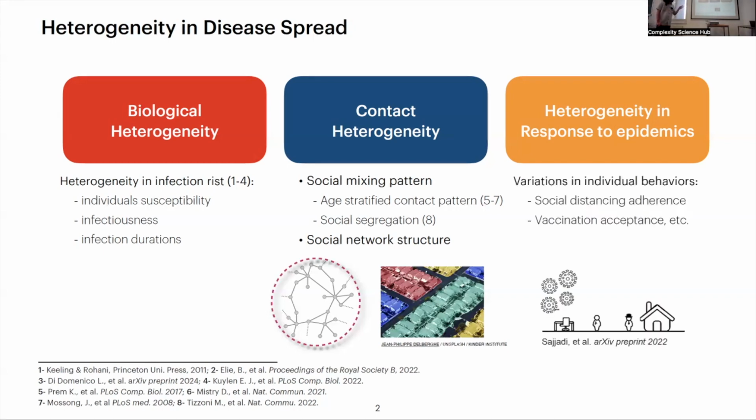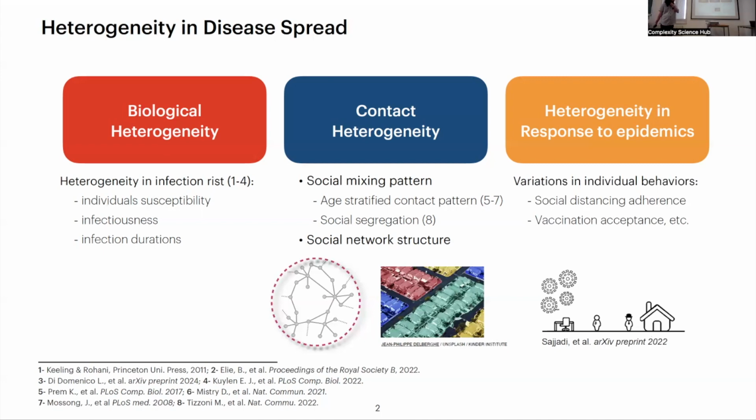The third type of heterogeneity is the behavioral variation in humans when it comes to responding to an epidemic situation. For example, social distancing and the acceptance of vaccination or other kinds of behavioral variation that individuals can exhibit.